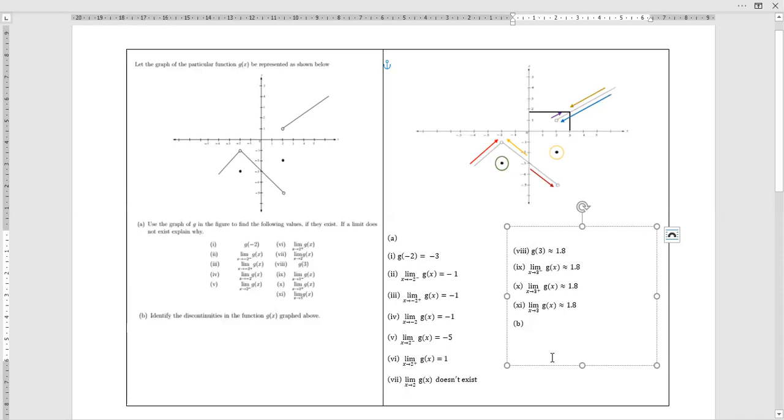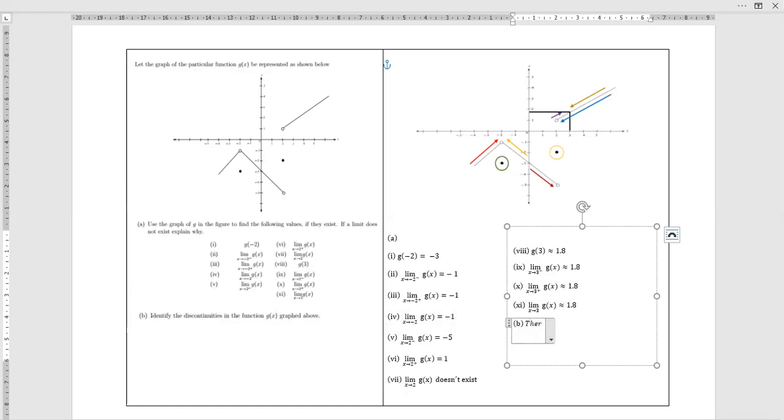Right. Then question B: identify the discontinuities in the function g of x graphed above. We can see that at x equals -2, there is a removable discontinuity, and at x equals 2, there is a jump discontinuity.